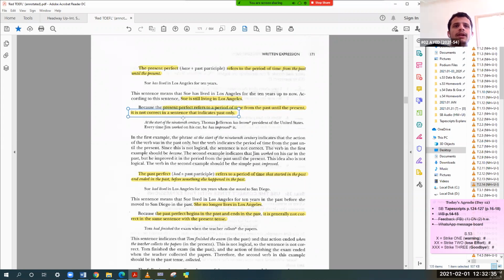It is not correct in a sentence that indicates the past only. Right. If it only shows you something in the past, if there's no connection from the past to now, then you should not use the perfect.